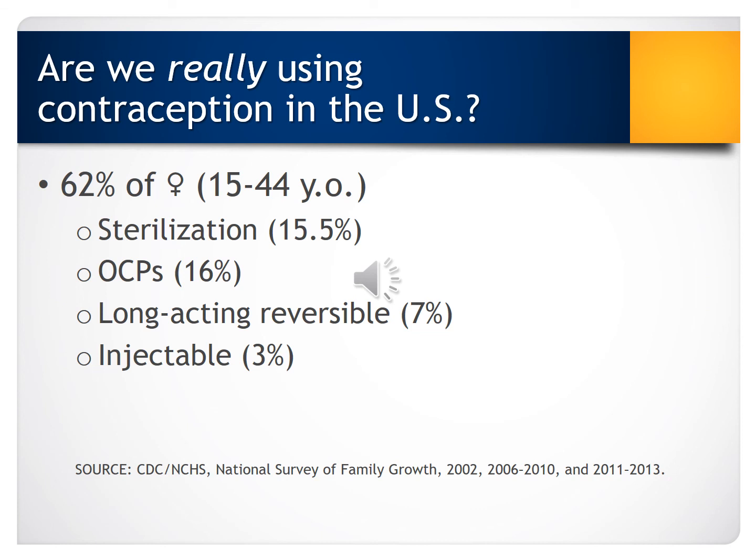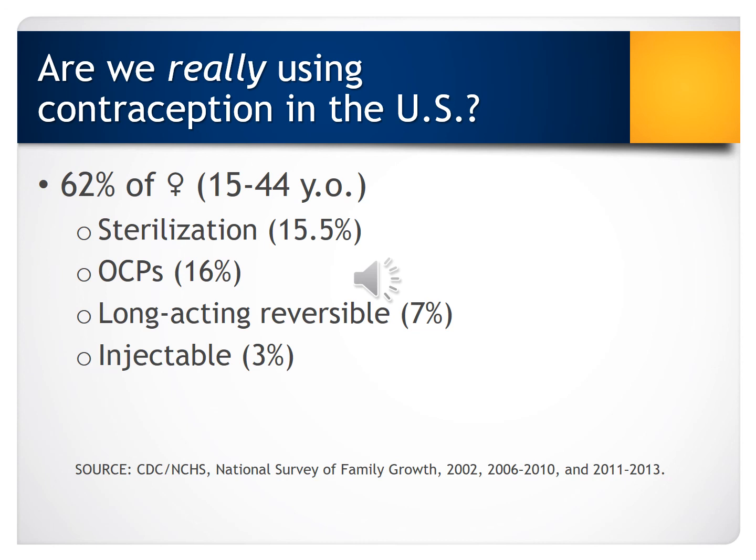Based on data from a national survey conducted by the CDC, sterilization, i.e. tubal ligation, OCPs or oral contraceptive pills, long-acting reversible contraceptives like the intrauterine device or Implanon, or injectable, better known as Depo-Provera, are some of the main methods that women are using for contraception.